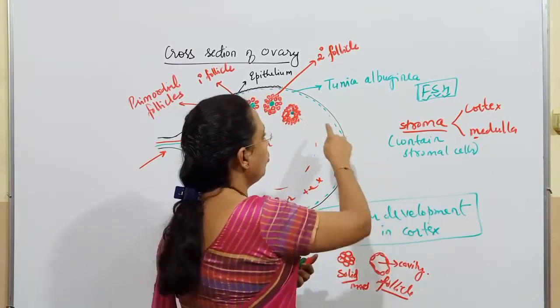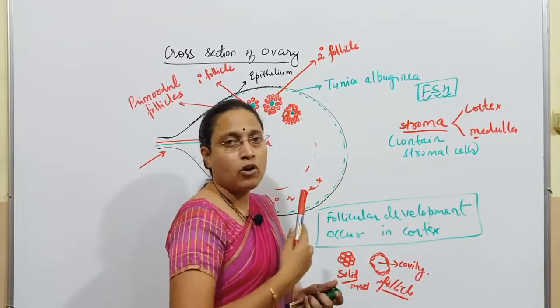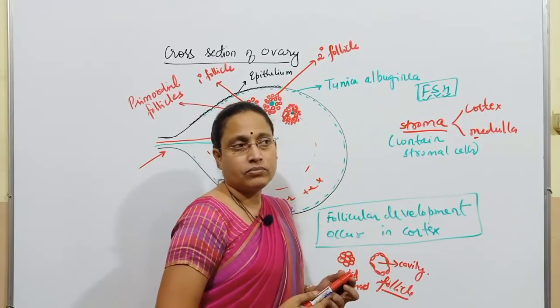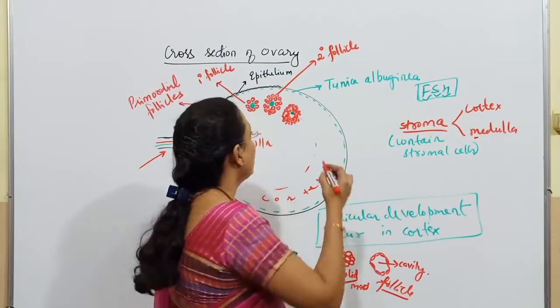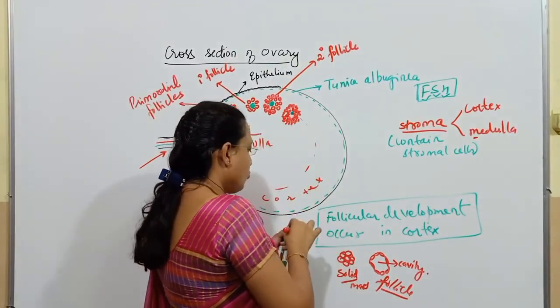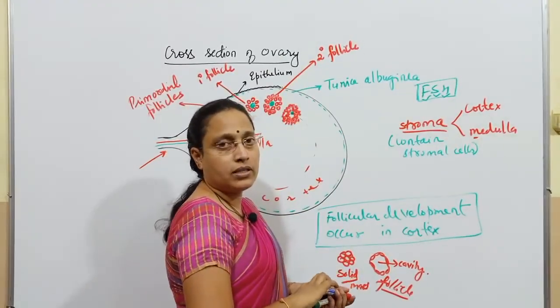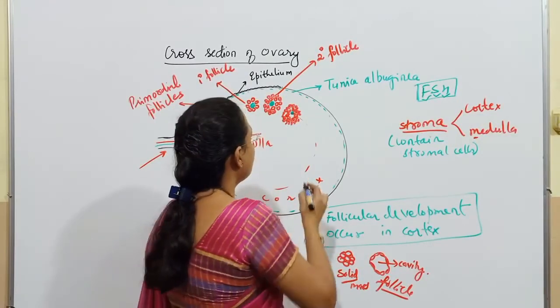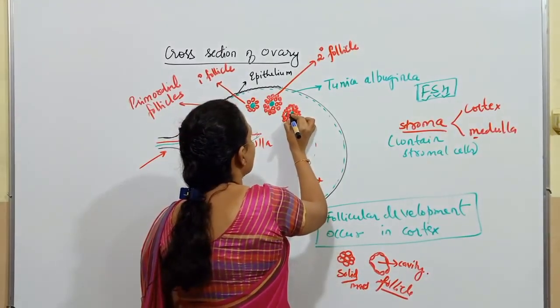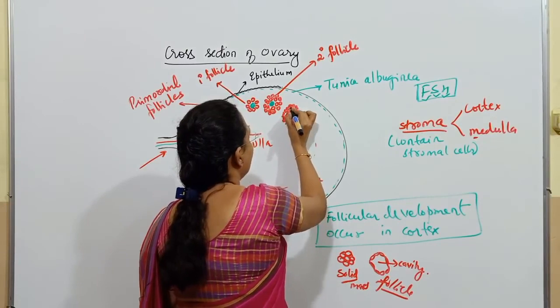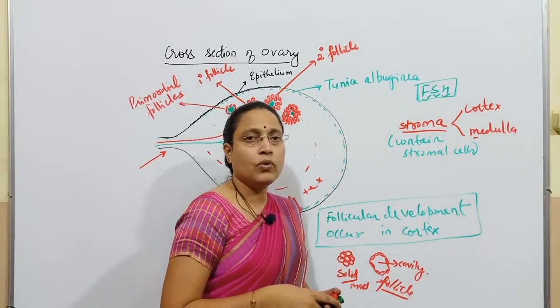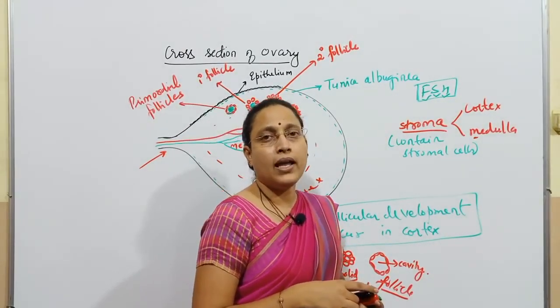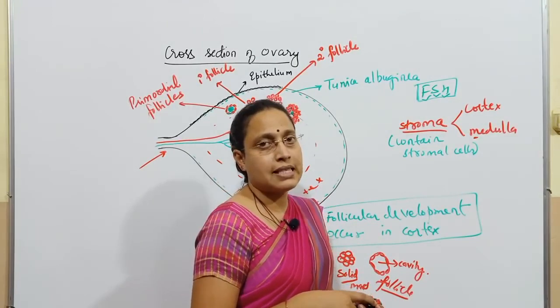But it will complete only when I tell about the Graafian follicle. So here you can see a small cavity is formed in the tertiary follicle. Initially very small cavities form, filled with fluid, and that fluid is secreted by the granulosa cells.